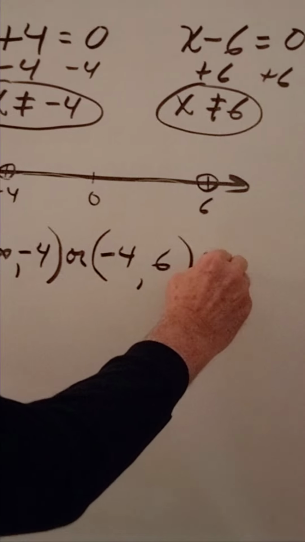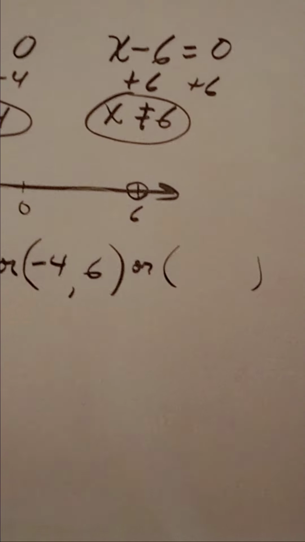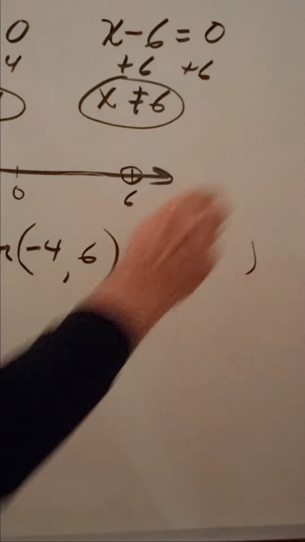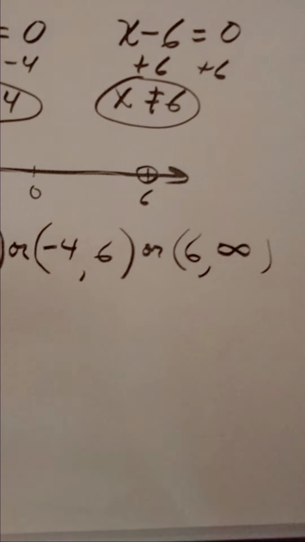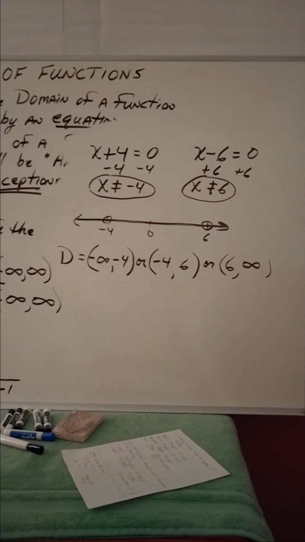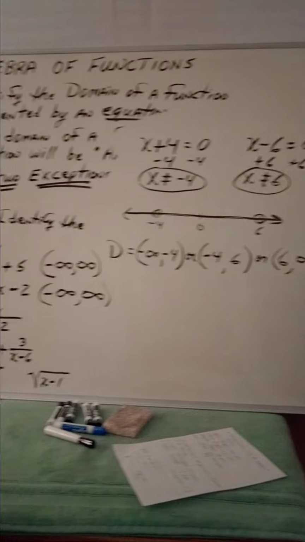And then finally, or, and it will be one more parenthesis grouping, starting with the smallest value of that interval, and then moving to positive infinity, and there it is. That would represent the domain for that function.